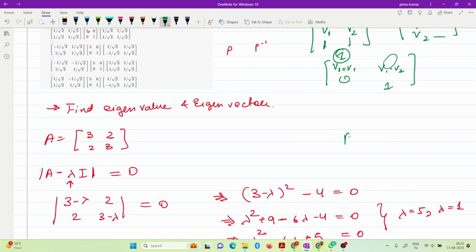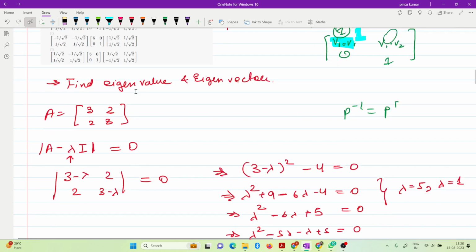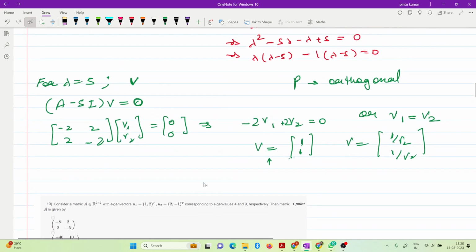So that we can straight away write that P inverse is P transpose. So where we had V1 dot V1, we want this quantity to be 1. That's why we normalize this vector. So we obtained our eigenvector for lambda is equal to 5.